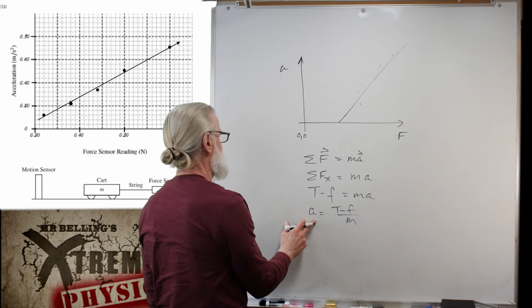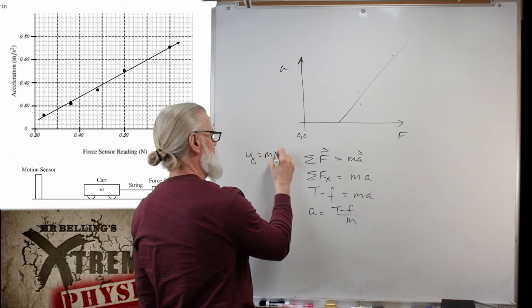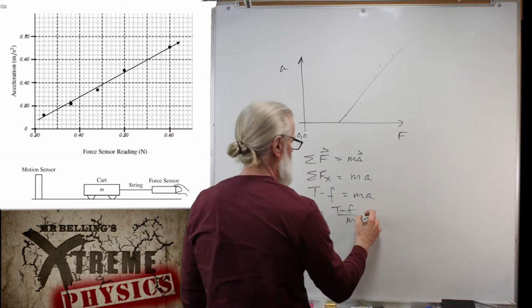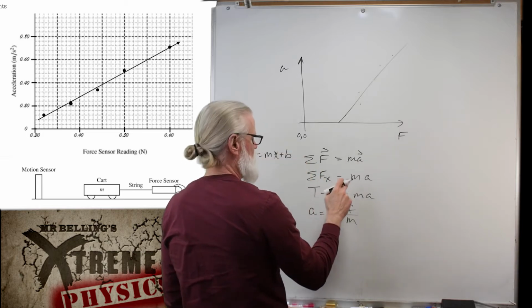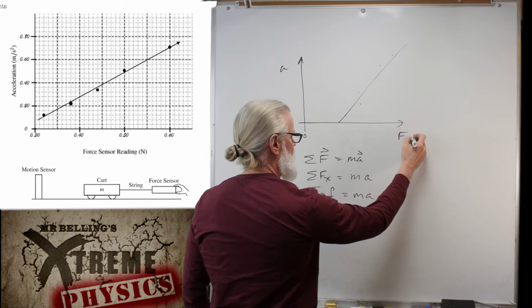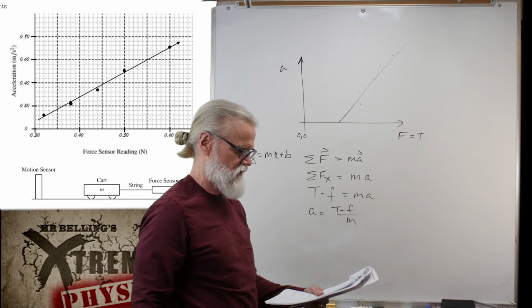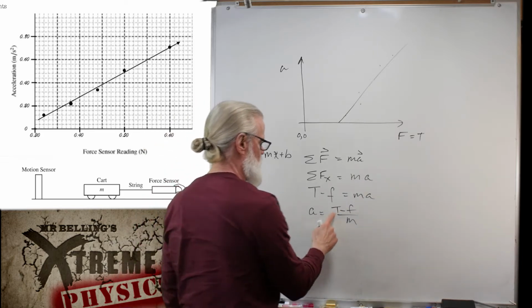And we want to look at this like y equals mx plus b. So what we'd end up with on our graph, this F equaled the tension force, right? This force was the force sensor reading. That was the tension force.